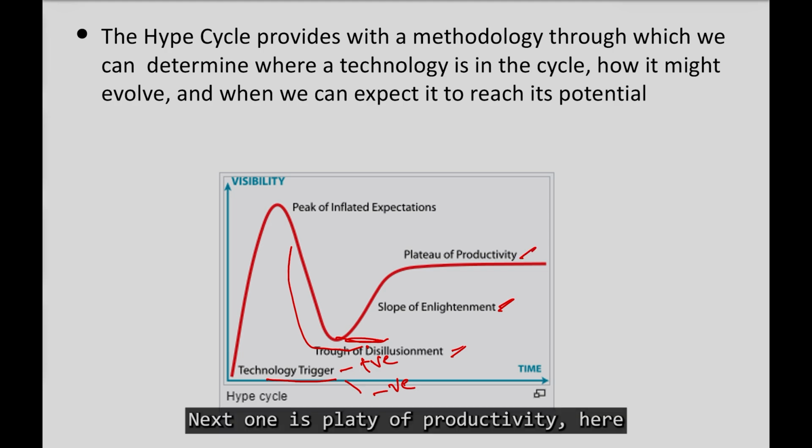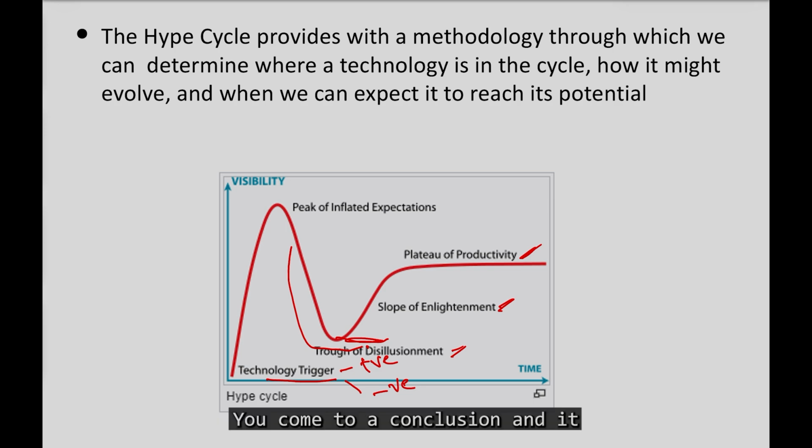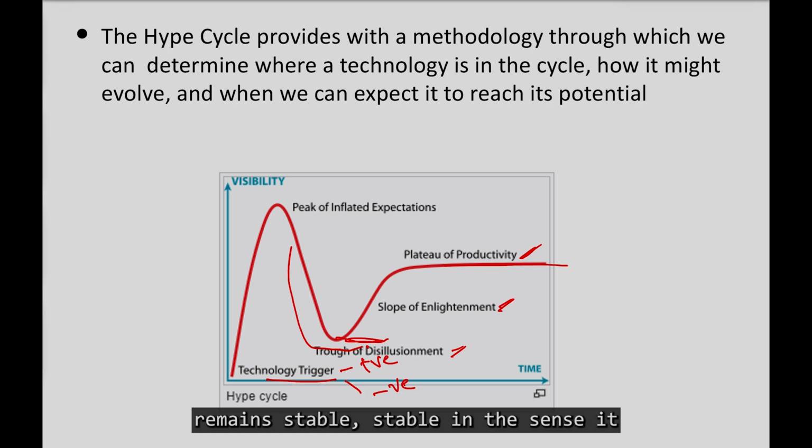Okay. Next one is plateau of productivity. Here the technology has been completely implemented and it is a foolproof concept where you can blindly believe and tell that this technology is applicable for this domain, for this particular application. You come to a conclusion and it remains stable. Stable in the sense it doesn't change henceforth.